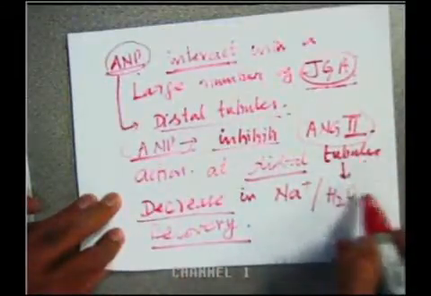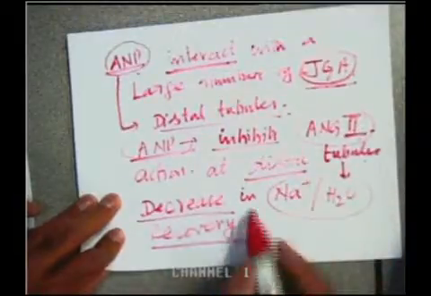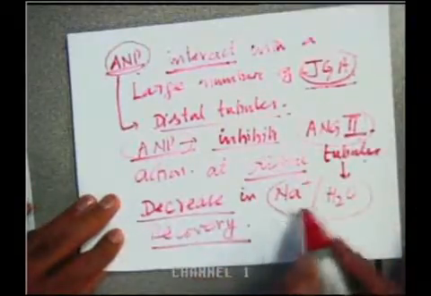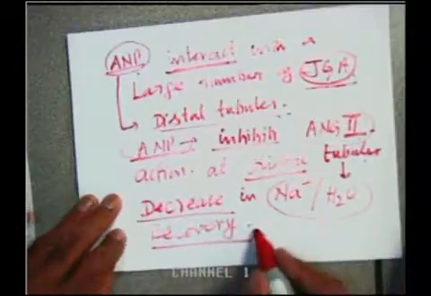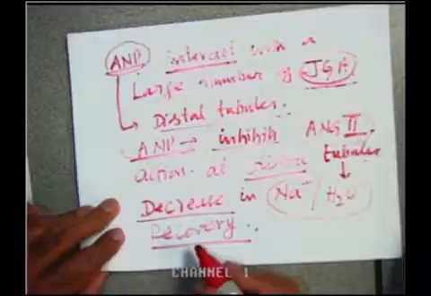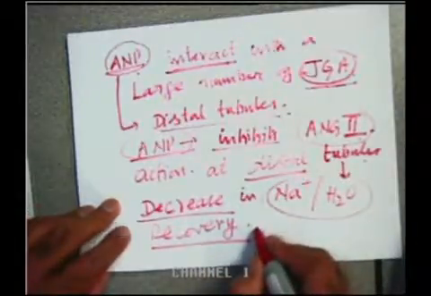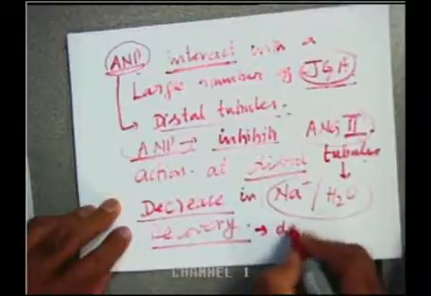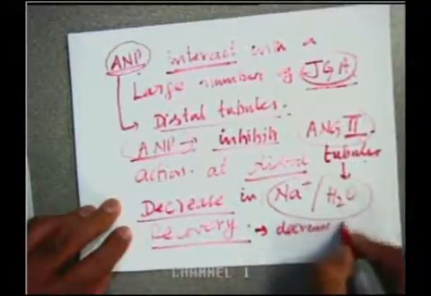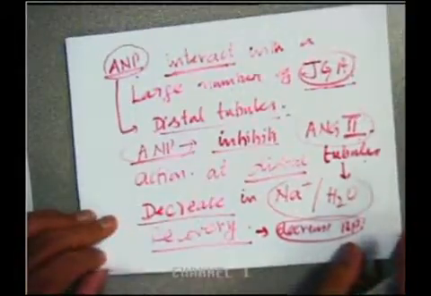And the Ang2 reaction at the tubules, it inhibits the sodium and water recovery, right? They decrease the recovery of sodium and water, and thereby what is the result? That recovery was increasing the pressure, so now there is going to be a decrease in blood pressure. That's the result.